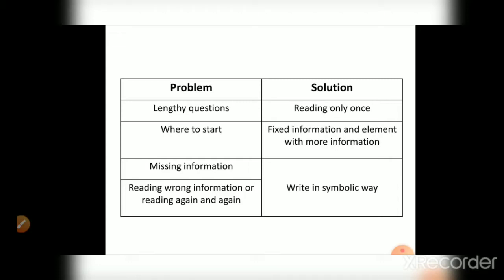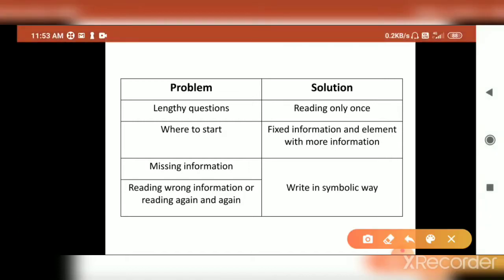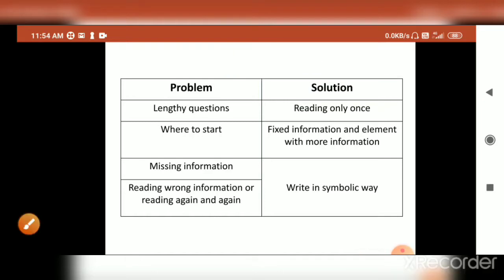For example, in a seating arrangement, if they say a, b, c are sitting in a line or a row, and a is facing north and b is facing south, you have to read that perfectly, which one is facing north and which one is facing south. If you did not remember, or if you read the question in a wrong way, the entire information becomes wrong. These are the main problems you face while solving this type of question.